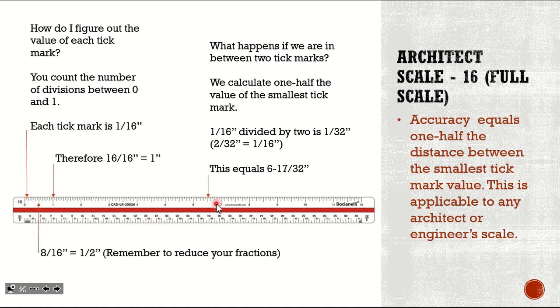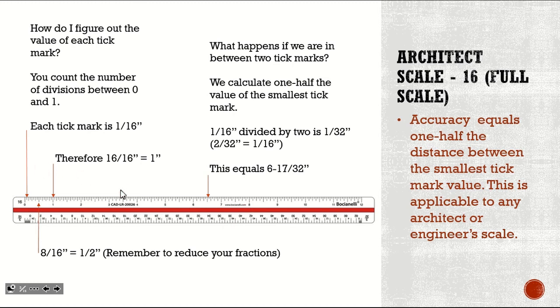So if I go to this one here, this is 6 inches, this is 6.5, right? 1/2 inch equals 8/16, and 8/16 equals 16 32nds. Now I know I have to add one more because I'm a little bit over 6 and 16/32, so 17/32. Let me do that math for you.